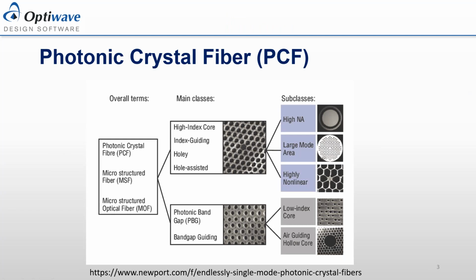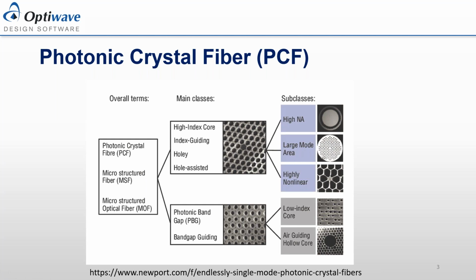So photonic crystal fibers fall into two main classes, and those classes are characterized by how the propagation is managed. In one class you have a high index core, the one on the top of the screen here, with a low index surrounding area.